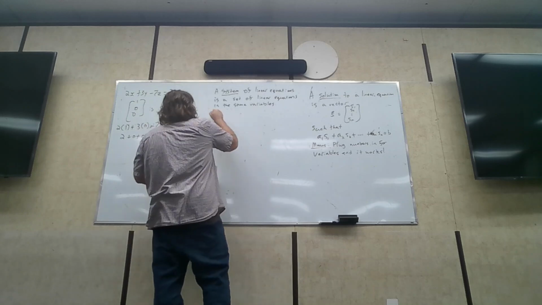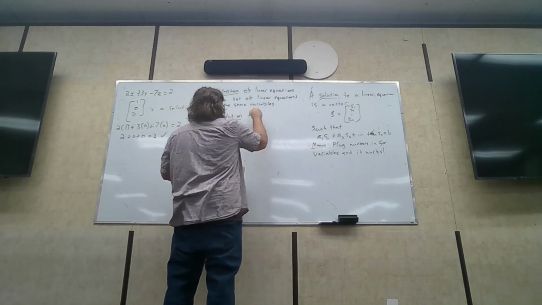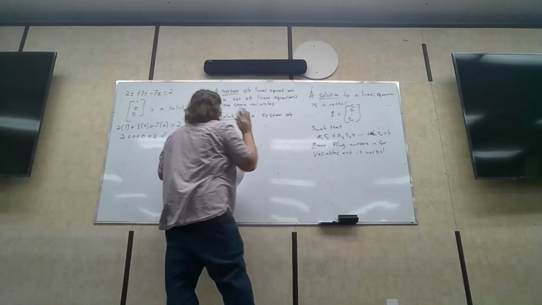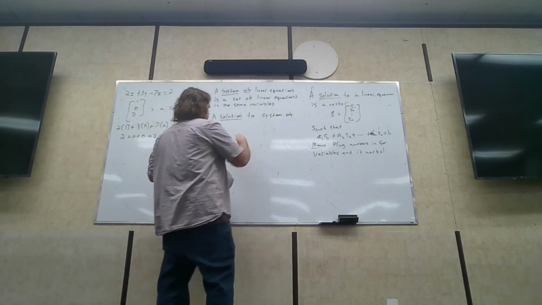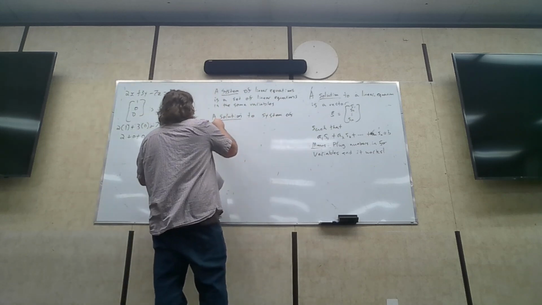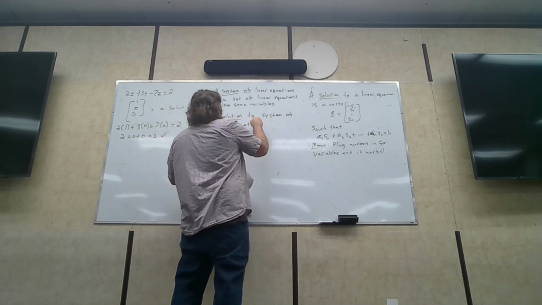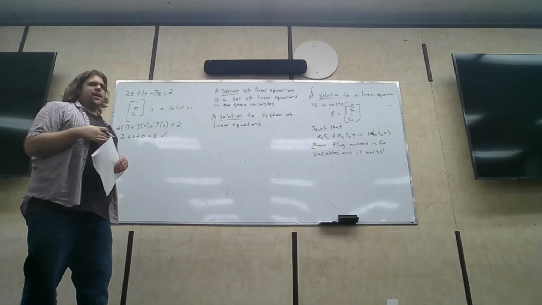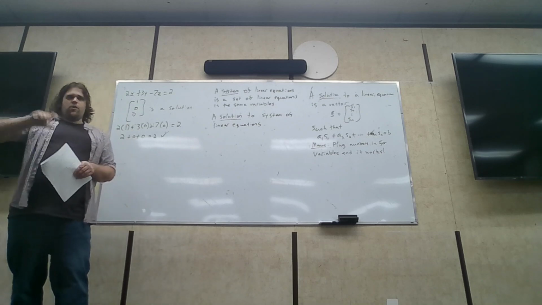So a solution to a system of linear equations. Eventually, we're going to drop the phrase linear equations because we'll just assume everything is linear. So we'll just say a system of equations. A solution is kind of what you would expect it to be. It's something that solves all of the equations involved in that set simultaneously, right? So if it solves one of the equations, it needs to solve all of them at the same time.